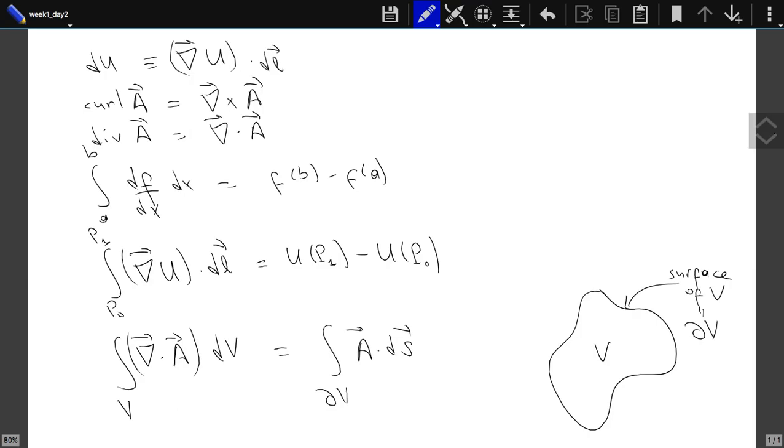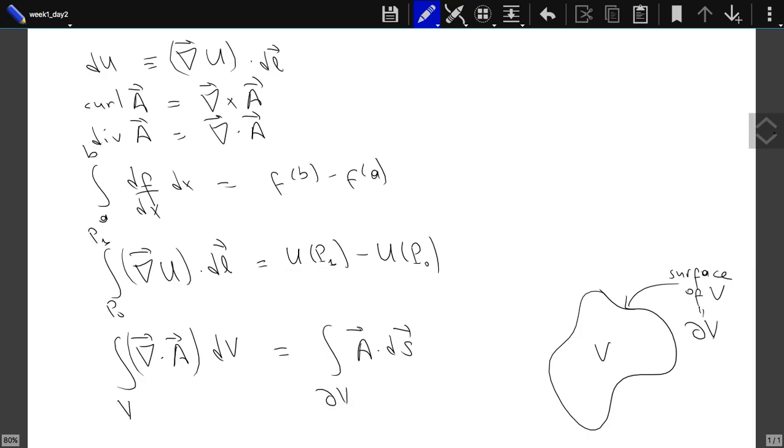So the integral is nothing but the summation at the endpoints of this line. We have a one-dimensional object, and the integration at the endpoints is just the sum of 2 points. Here we have a 3-dimensional object, and the integration over the boundary is over the surface. This is a closed surface.